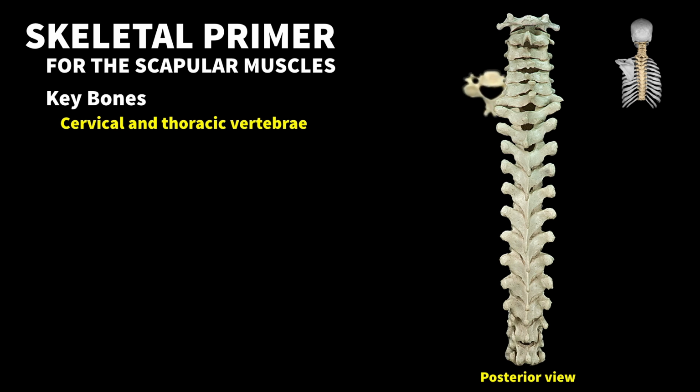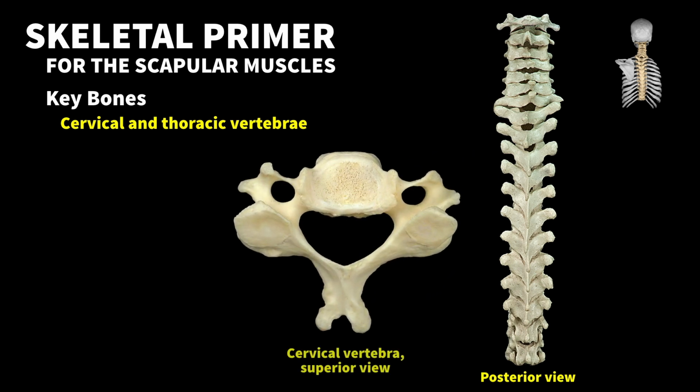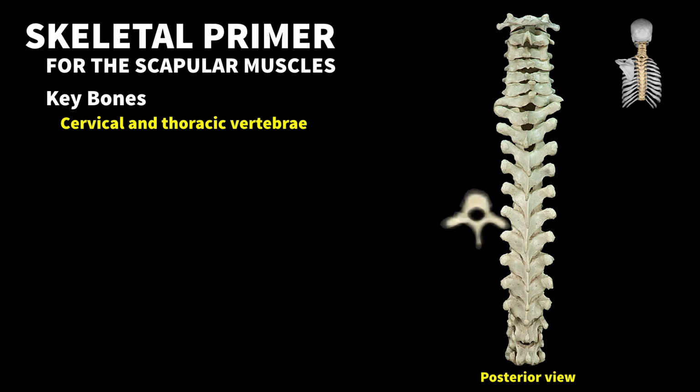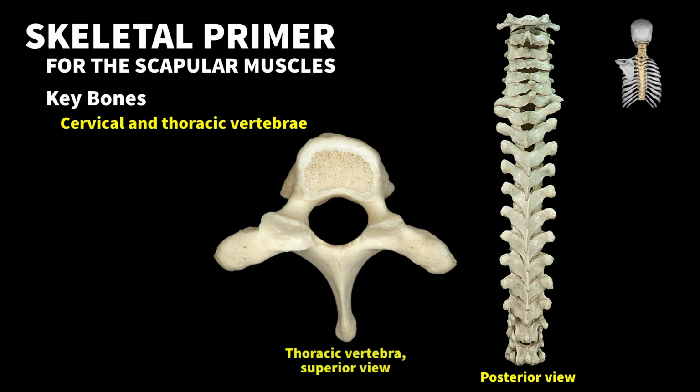On the cervical vertebrae, seen here from a superior view, there are 2 key landmarks: the transverse processes and the spinous processes. On the thoracic vertebrae, only the spinous processes provide attachment for the scapular muscles. If you run your fingers down your back in the midline, you can easily feel the spinous processes.